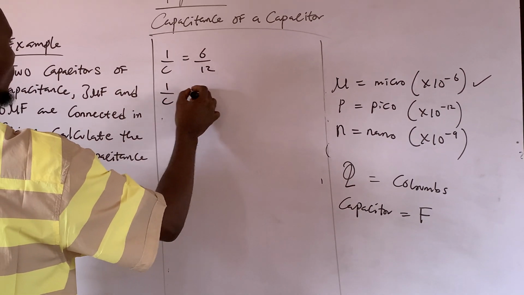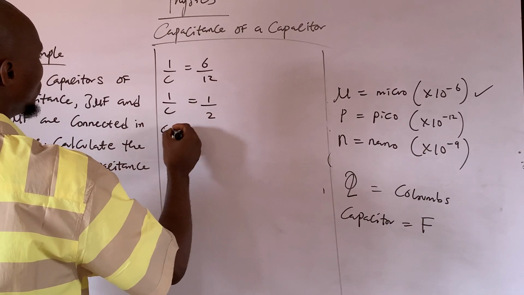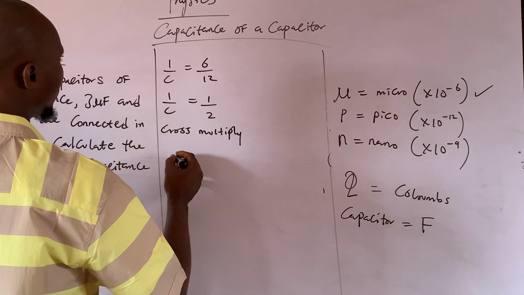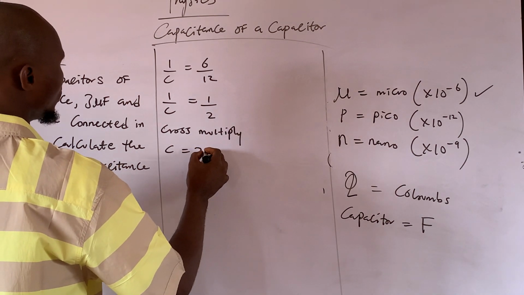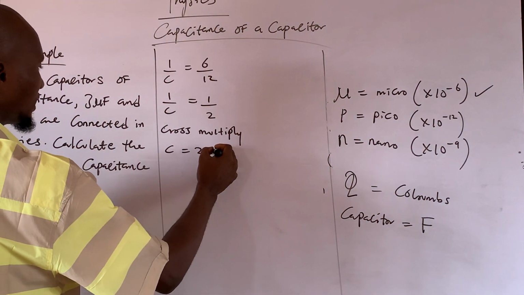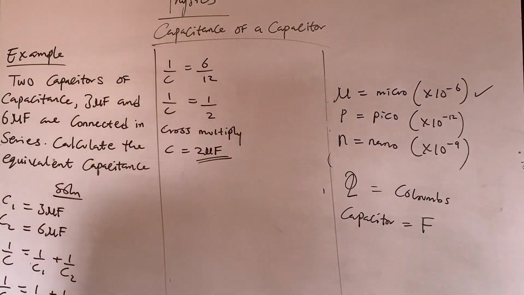What do you do? You cross multiply. When you do that, you have C is equal to 2. 2 what? 2 microfarad. Final answer. Hope you understood that.